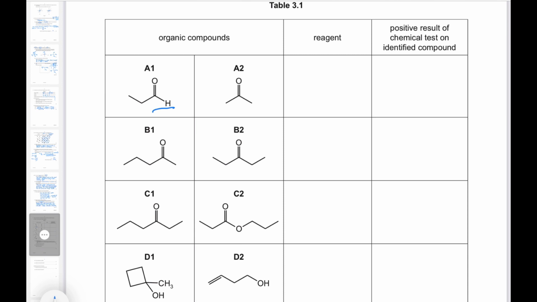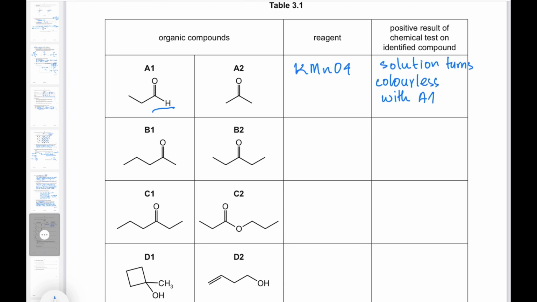So aldehyde, or A1 over here, can be oxidized by an oxidizing agent like potassium manganate to form carboxylic acid. And the change that you'll observe is color change from purple to colorless. It can also give a silver mirror with Tollens' reagent or a brick red precipitate with Fehling's solution.